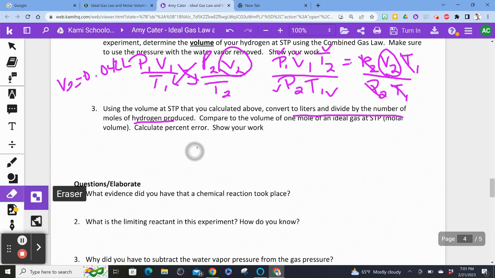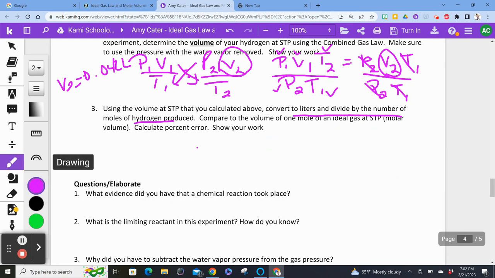So to find the number of moles of hydrogen that you produced, we use PV equals nRT, and I know I explained that in class.